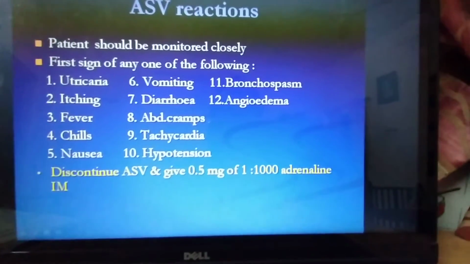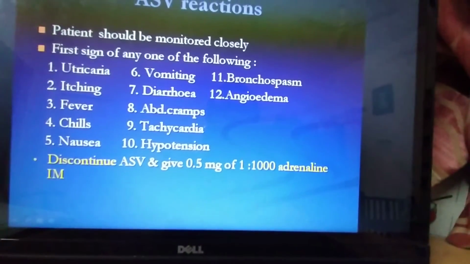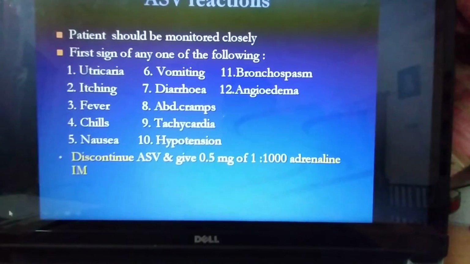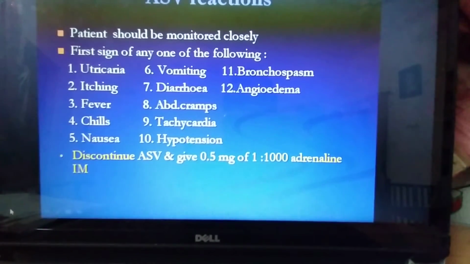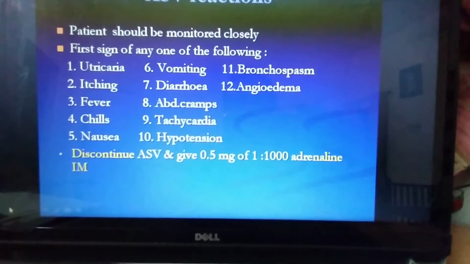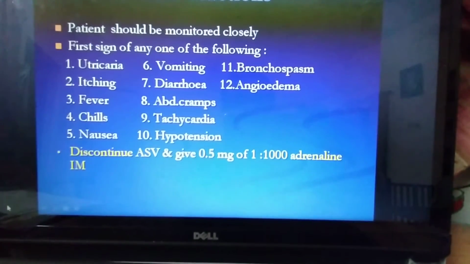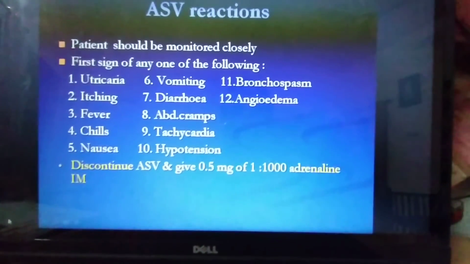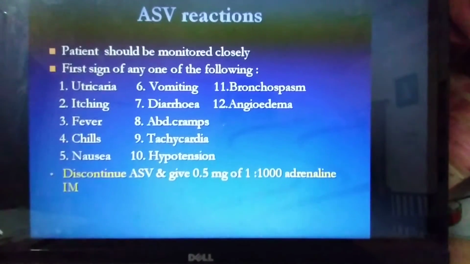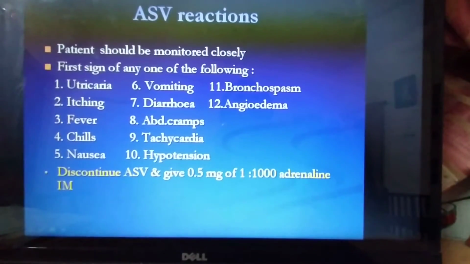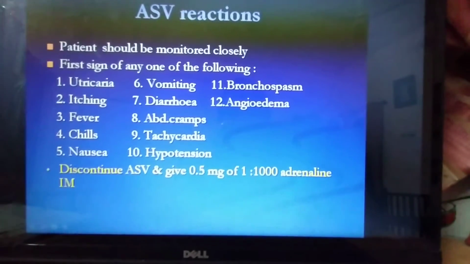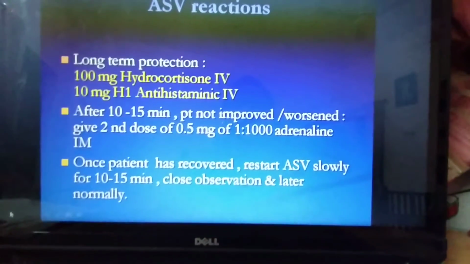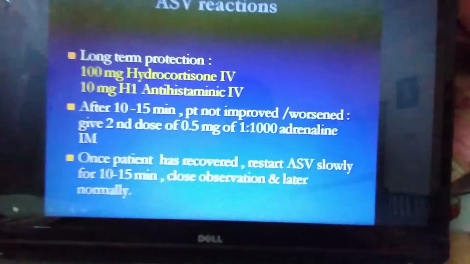Give 0.5 milligram of 1:1000 adrenaline intramuscularly. If the person has any of the above signs, discontinue anti-snake venom, because it can further jeopardize the patient's condition. That is for immediate emergency cases.